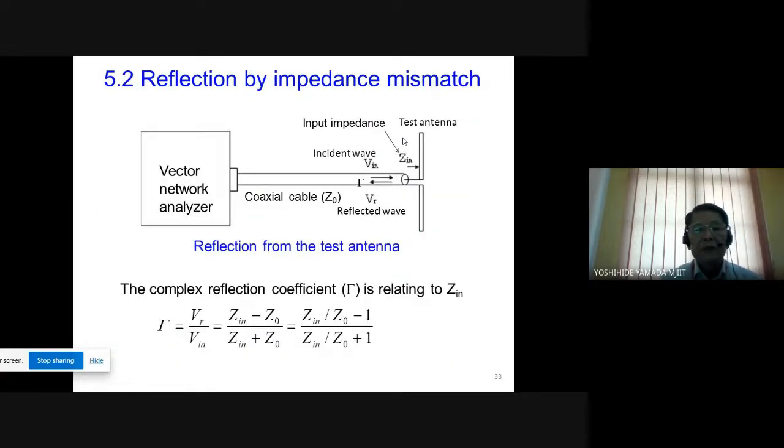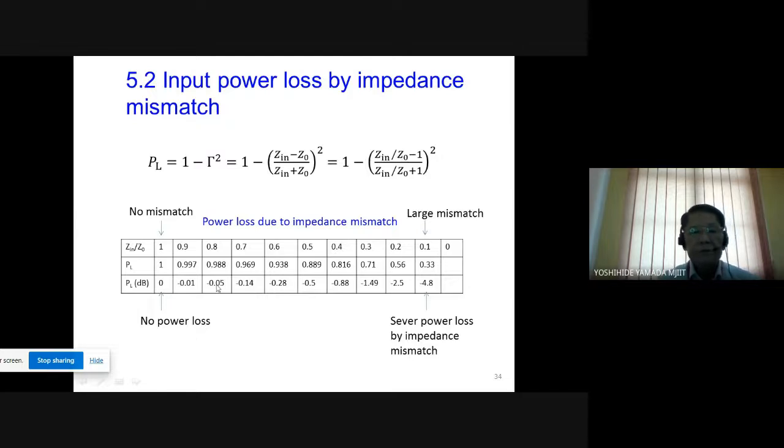So next is the reflection. The impedance mismatch happens here. Then reflection is produced. If the difference between the input impedance and the cable impedance is large, this is this ratio.